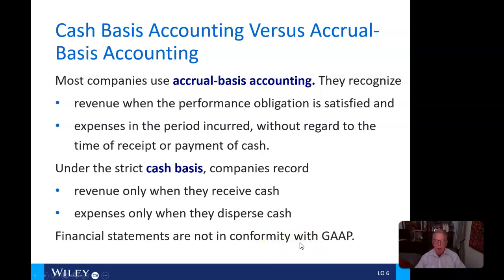Accrual basis is, of course, in conformity with generally accepted accounting principles, and they recognize revenue when the obligation is satisfied. I call it revenue being earned, and expenses when they are incurred, without regard to the time of receipt or the payment of cash.